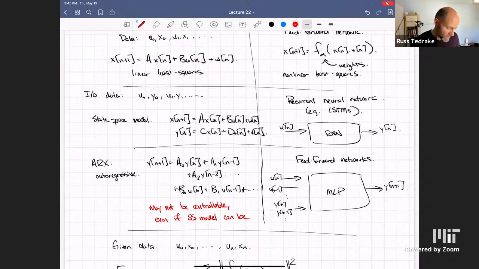This is a general property, but I need to be careful about saying it because there's a proper statement of this that I would need to make carefully, which is that there is a realization, that x has a controllable realization, right?